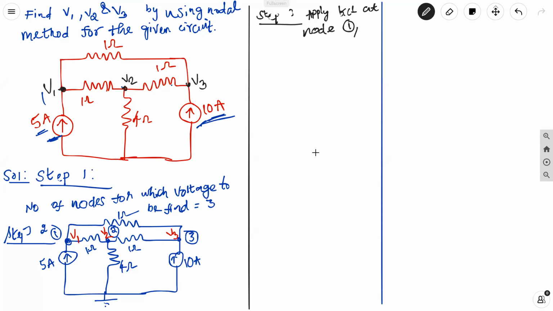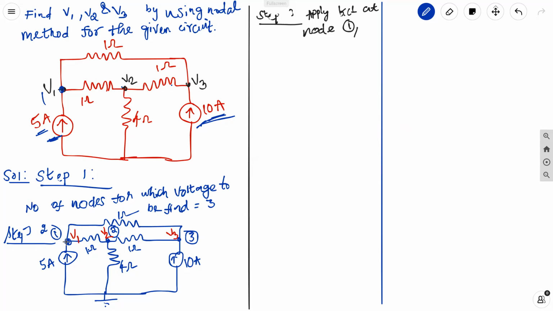Okay. Right. See here, node 1 is this one, right? This is node 1. And you know that as per Kirchhoff's current law, we need to put the sum of incoming current equal to the sum of outgoing current, right? I repeat, the sum of incoming current equals the sum of outgoing current.